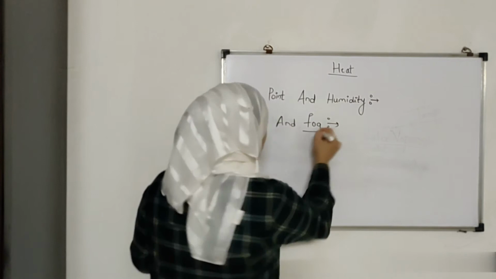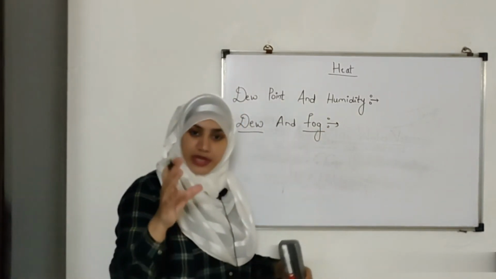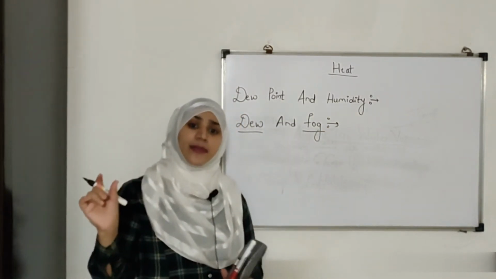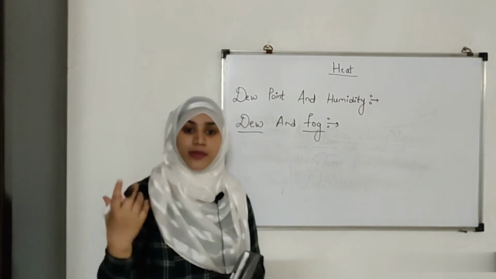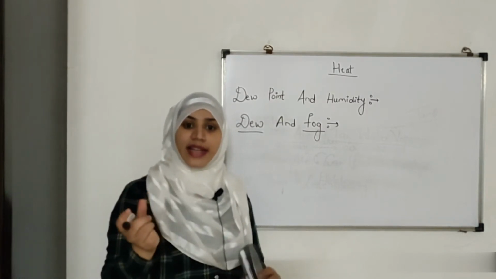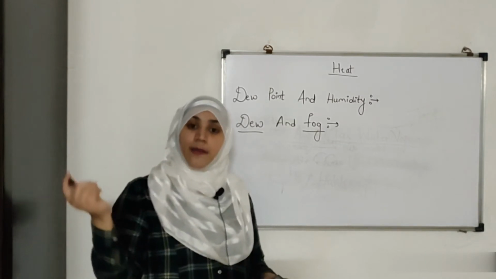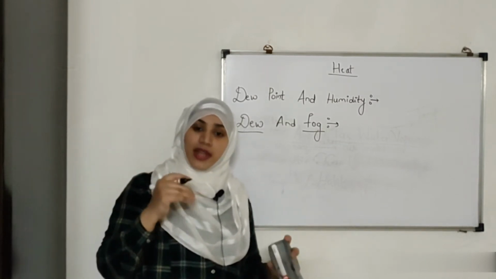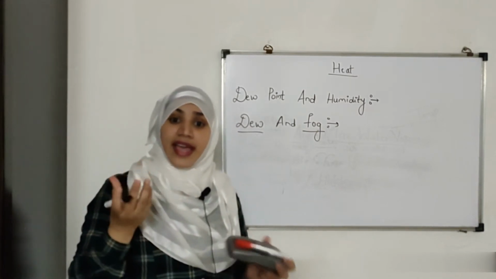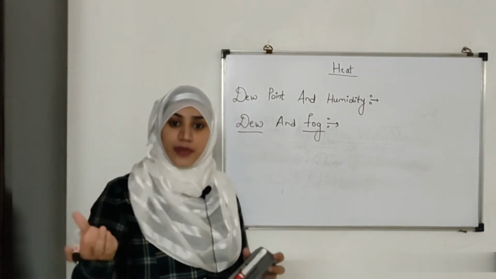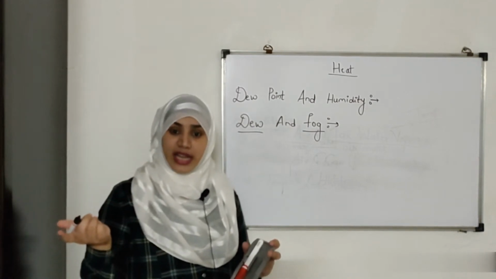See, during the daytime, whenever the temperature is high, the capacity of the air to hold the water vapors is more. So at the daytime, it's holding more water vapors. But during the night time, when the temperature is becoming less, the air cannot hold that many water vapors which it was holding during the daytime.